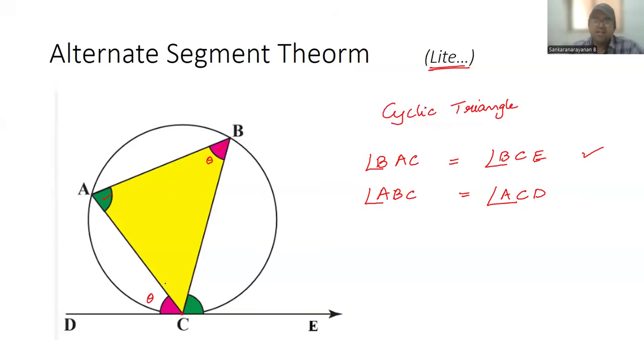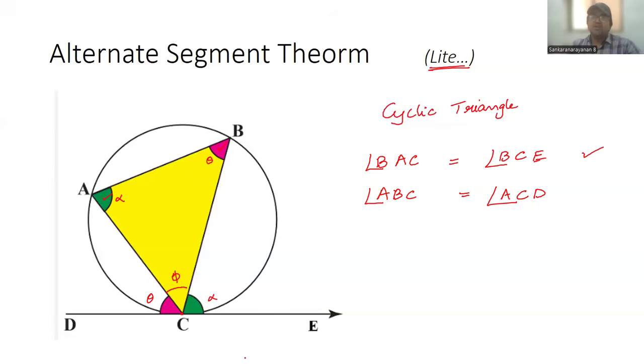Okay. And if you consider this value as phi and the green one as alpha, you can see that theta plus alpha plus phi should be equal to 180 degrees. You can see that is applicable with the DCE as well. Theta plus phi plus alpha is coming as 180 degrees.